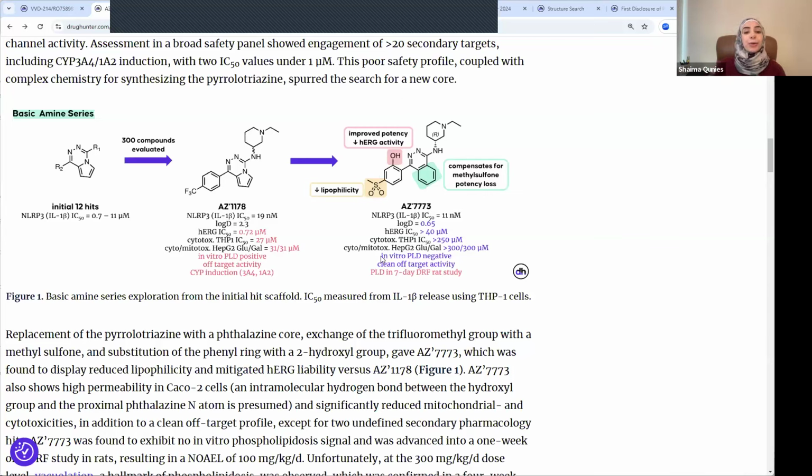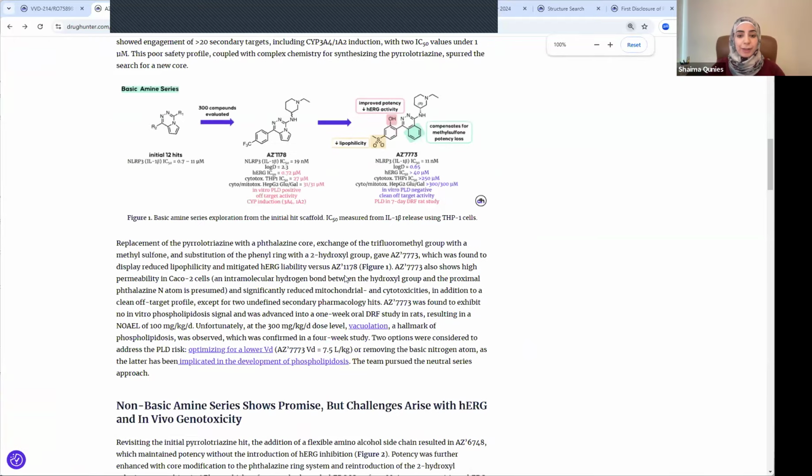When they advanced the molecule into a 7-day dose range finding study in rats, they found that phospholipidosis or vacuolation, which is a mark of phospholipidosis, was found in vivo.